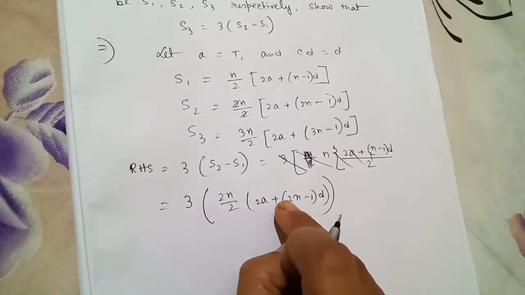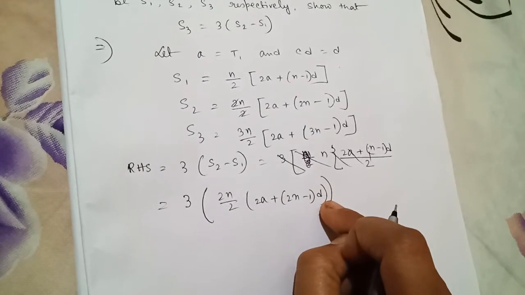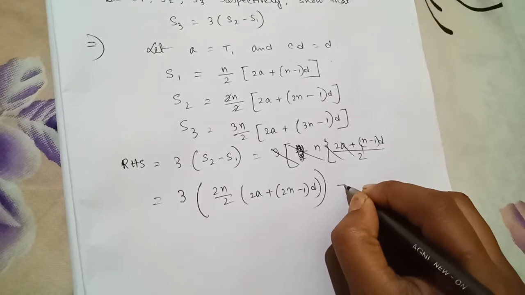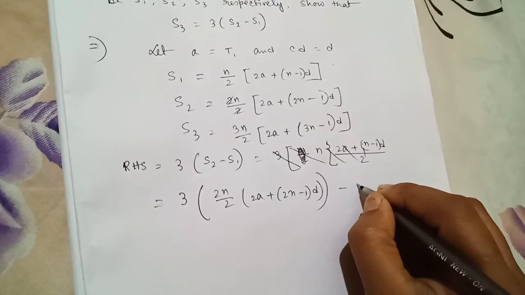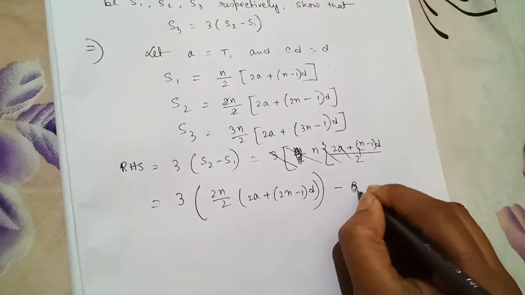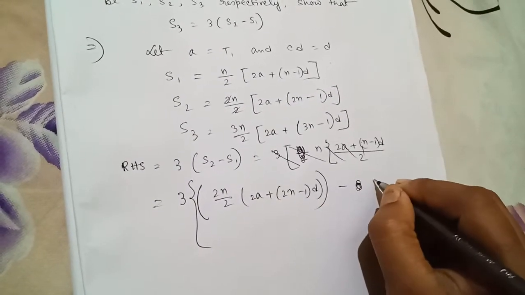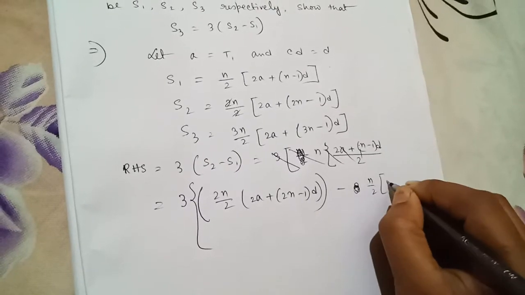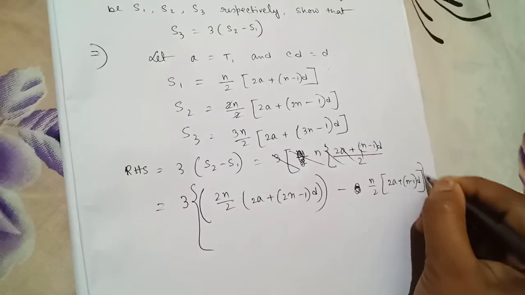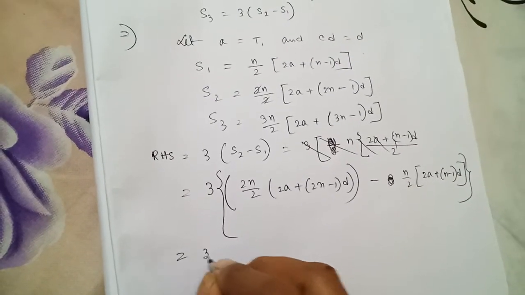Look, 3 times I have opened the first bracket, 3 times I have closed the first bracket, so there is no problem with it. Minus n by 2 into 2a plus n minus 1 into d. So it's actually 3n.